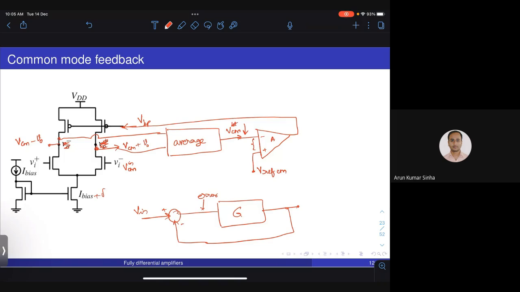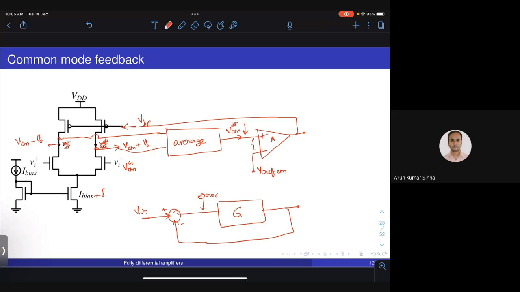If the detected output common mode decreases, the negative terminal of the amplifier decreases, so this current will increase. If this increases, this current will fall. So basically this sign should be positive. Yeah, I think that will be fine.